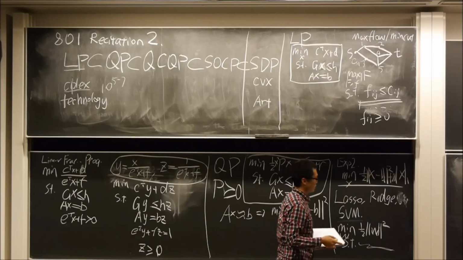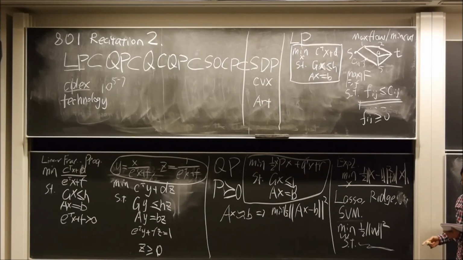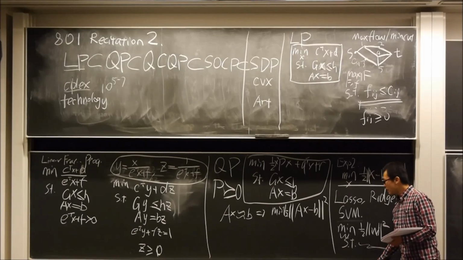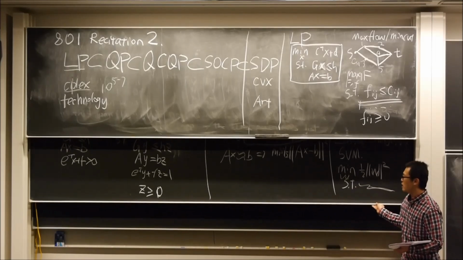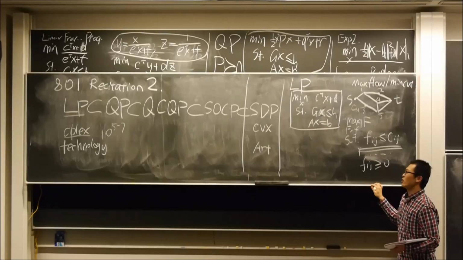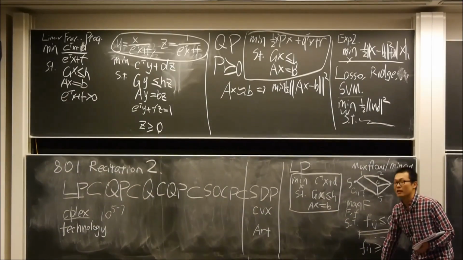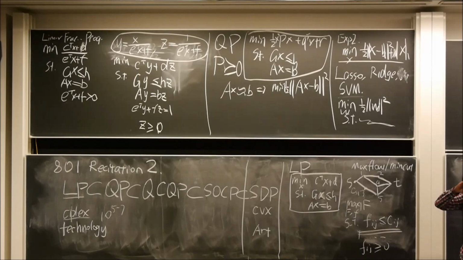That can be reformulated as a QP as well, and soft margin SVM too. So it's just QP. It is already covering most of the interesting stuff we talked about in 701.